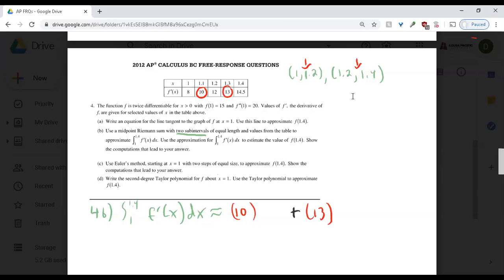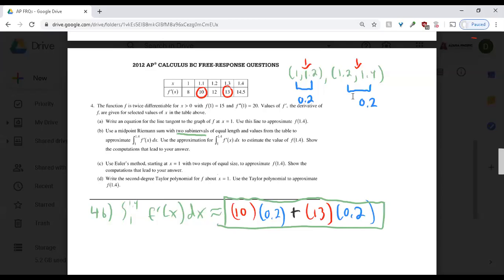Okay, so to find the base of the rectangle from 1 to 1.2, that has a length of 0.2. And then 1.2 to 1.4 also has a length of 0.2. So both of these are going to be 0.2. Just leave your answer like this. So this right here would give you full credit for your MRAM.